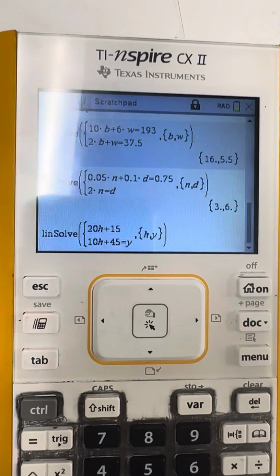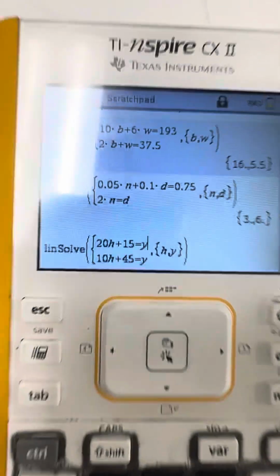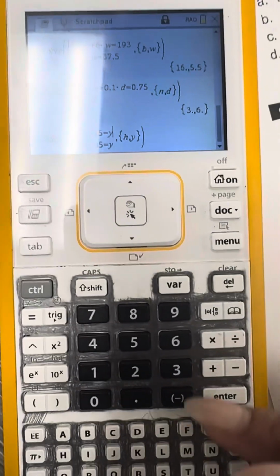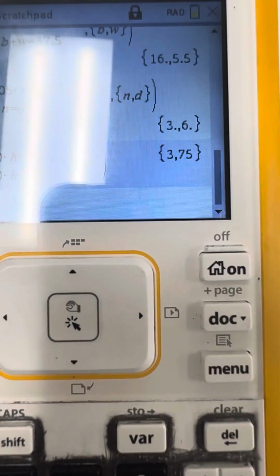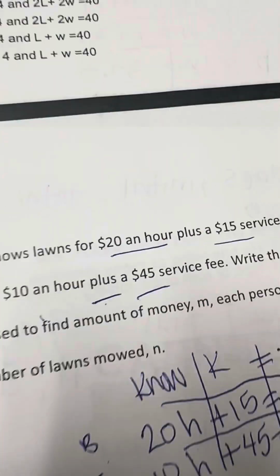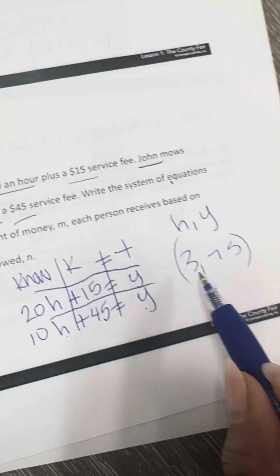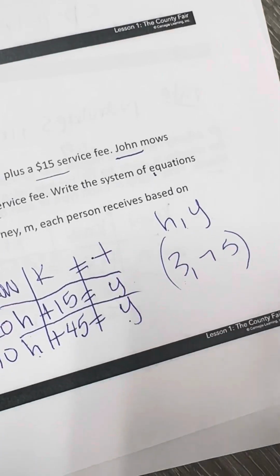Make sure you put equals up here as well, Y. Write it just how you see it and hit enter. Bam. 3, 75. What does this mean? It means that the hours is 3 and the amount is 75.